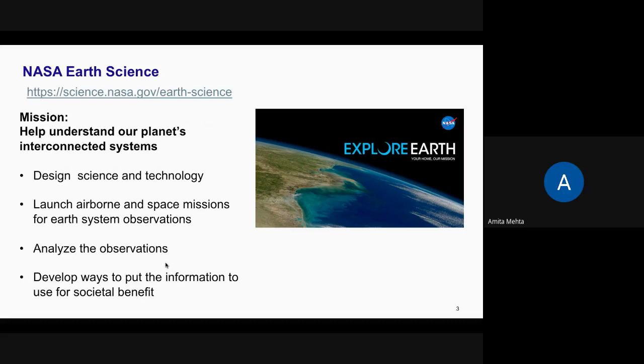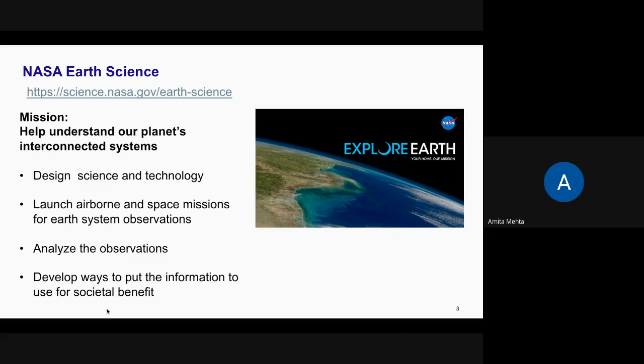This is the NASA Earth Science website. As you can see, the mission is to help understand our planet's interconnected systems. And for that, the goals are to design science and technology for building aircraft-based and satellite-based instruments, launch airborne and space missions for Earth systems observations, then collect and analyze these observations, and then develop ways to put this information to use for societal benefit.